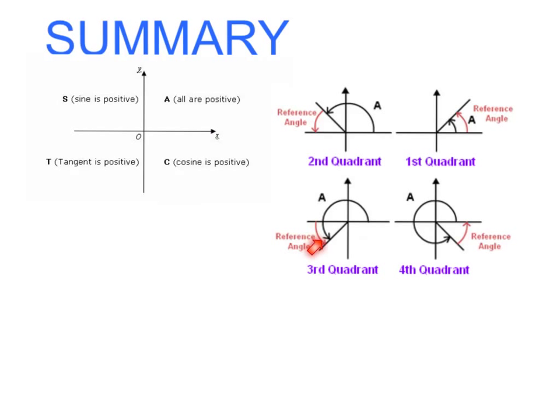And you learned that in order to find the measure of a reference angle, you would, in the second quadrant, subtract from pi. In the third quadrant, subtract pi. And in the fourth quadrant, subtract from 2 pi. Now in this graphic here, they included the first quadrant, which I did not when I was talking about, because the angle is its own reference angle. So there's no need to calculate anything for the first quadrant.